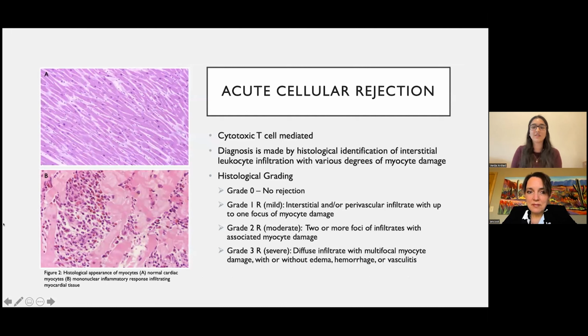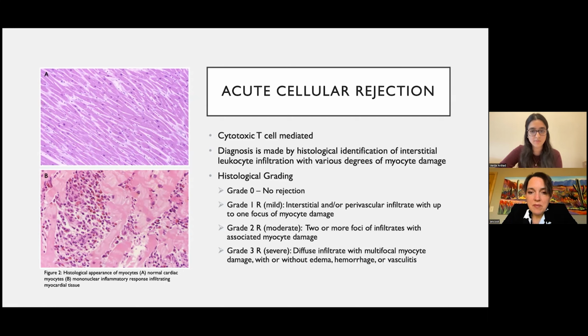So the diagnosis of this is made by histological identification of leukocytes which infiltrate cardiac myocytes. And then grading is done after a person undergoes biopsy. So grade 0, in which there's no rejection detected. Grade 1, which is mild, in which there's interstitial or perivascular infiltrates with up to one focus of myocyte damage.